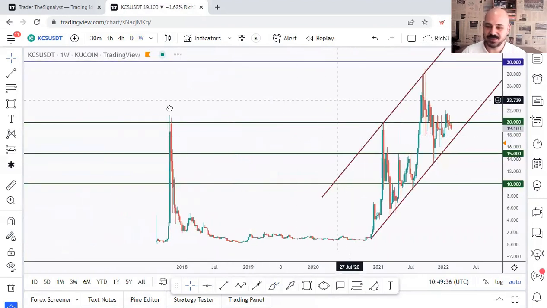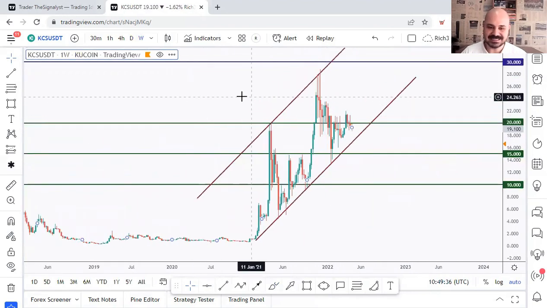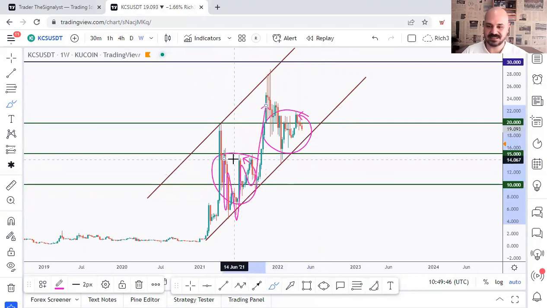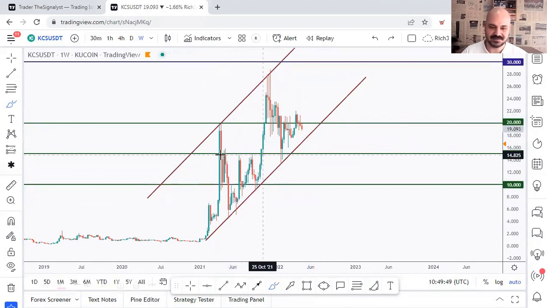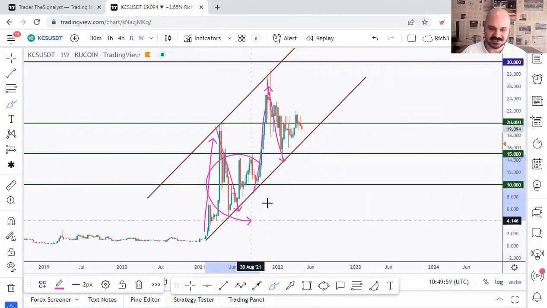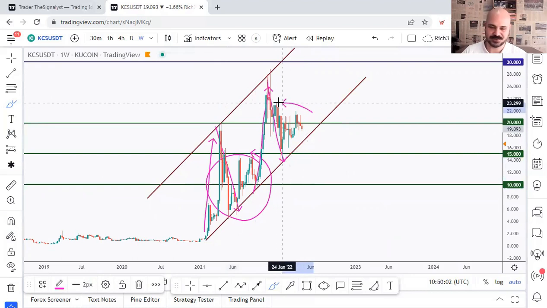If you go back to the weekly time frame again, we can really compare this consolidation with this one here. It formed a head and shoulders pattern and broke its neckline upward, which happens to be the 15. Then we had a classic retest and traded higher. The same exact thing: now we traded higher, dropped lower to around the lower band. Again, consolidation in the shape of an inverse head and shoulders pattern.